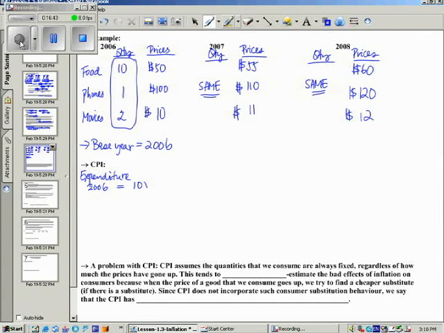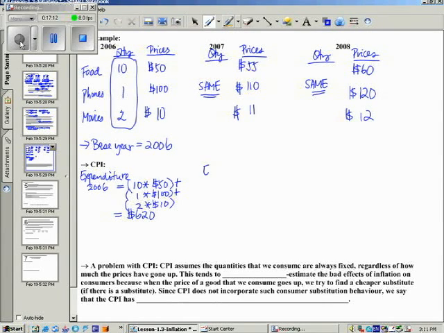How much would this cost? 10 times 50 plus 1 times 100 plus 2 times $10. For this particular consumption pattern, this will cost me $620 back in the year 2006.